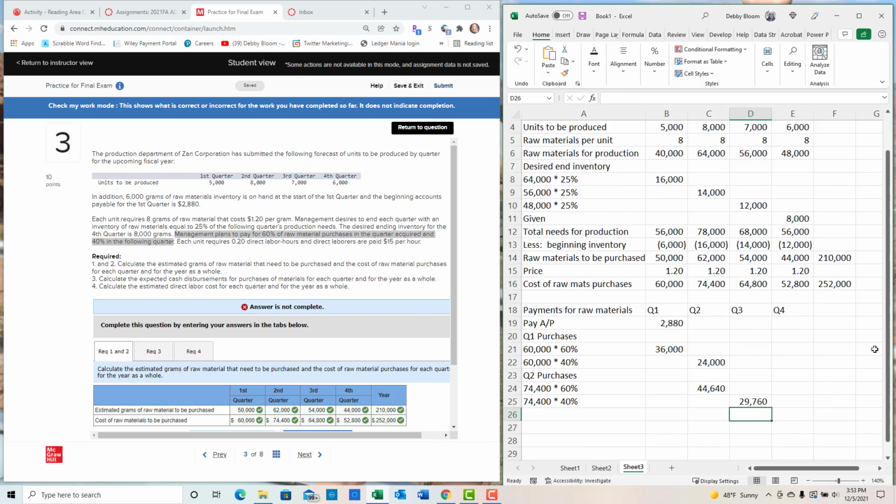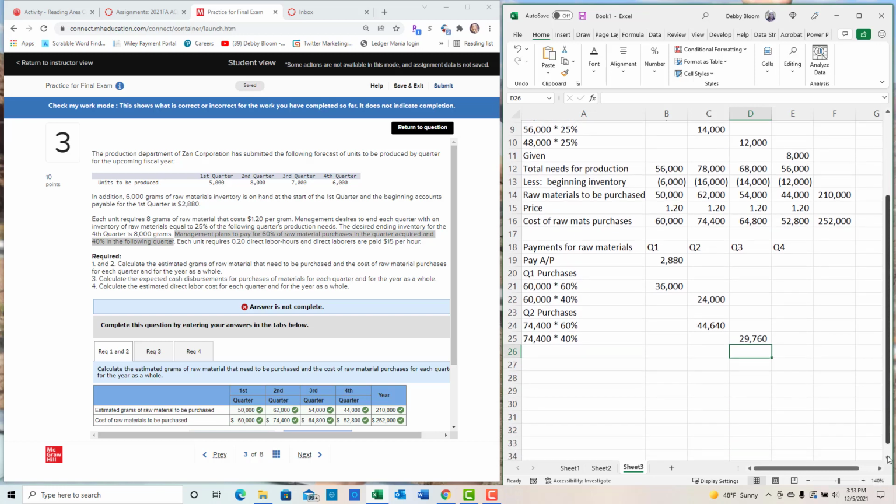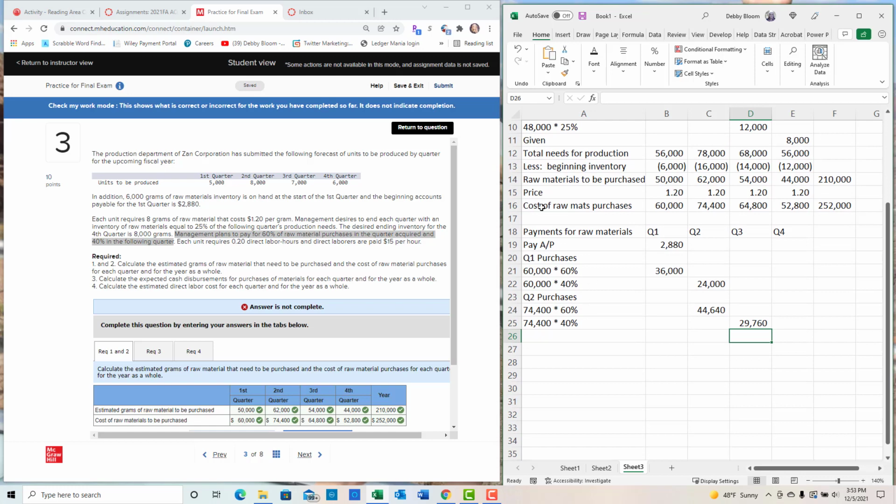Now let's move on to our quarter 3 purchases. I'll scroll down because I'm going to need more lines over here. But as you can see, I need to keep those numbers in view because we need all of those numbers. Now for our quarter 3 purchases, they are going to be paid in quarter 3 and quarter 4.